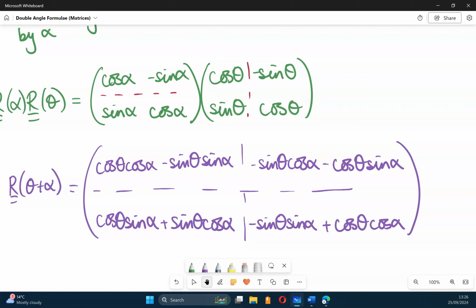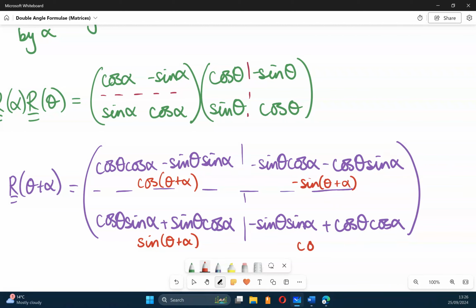Now, if we just match these, we can see that this part, the top left, must just be cosine of theta plus alpha. And then this part must be sine theta plus alpha. This top right must be minus sine theta plus alpha. Notice it's exactly negative of the bottom left.